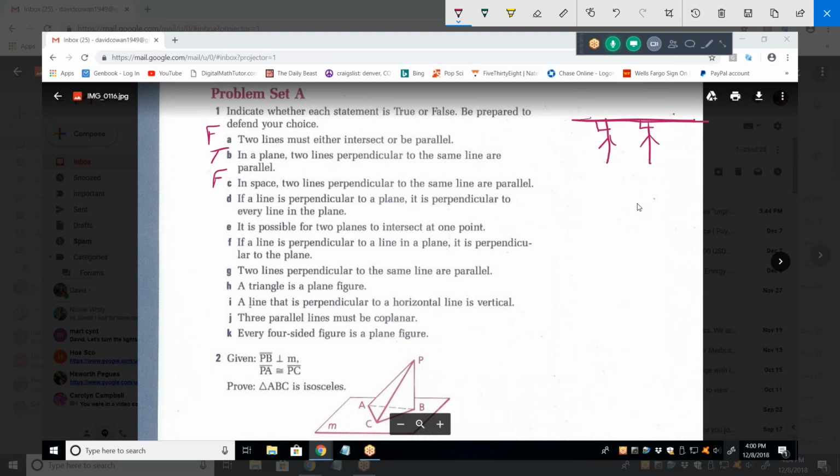Okay. All right. Number D, if a line is perpendicular to a plane, it is perpendicular to every line in the plane. So here's our plane. And we have a line that comes out of that and makes a right angle.